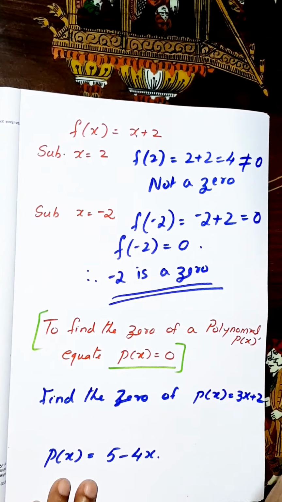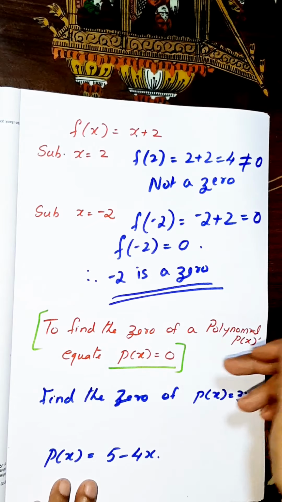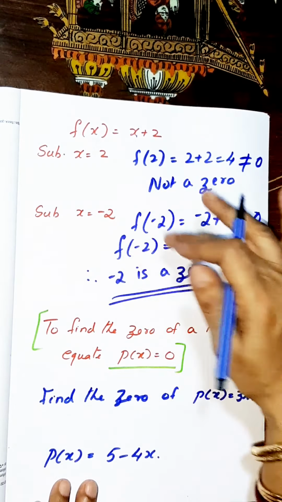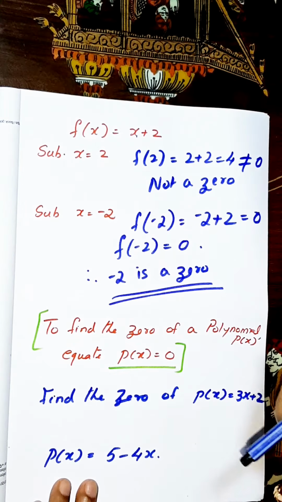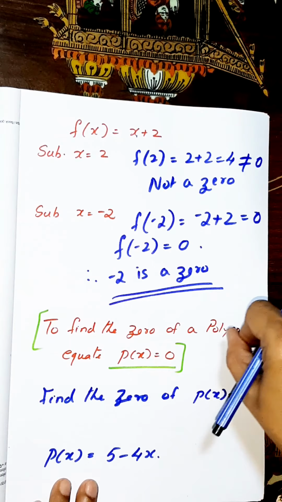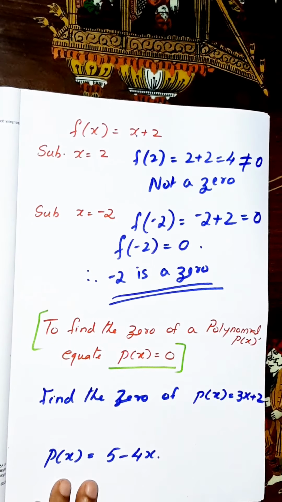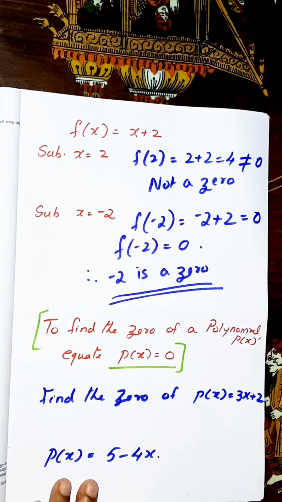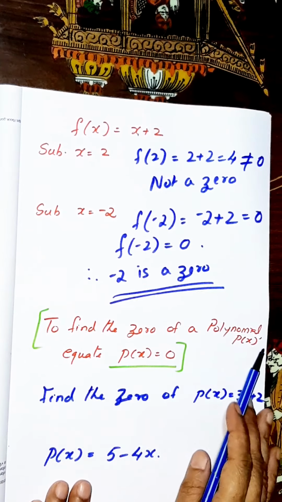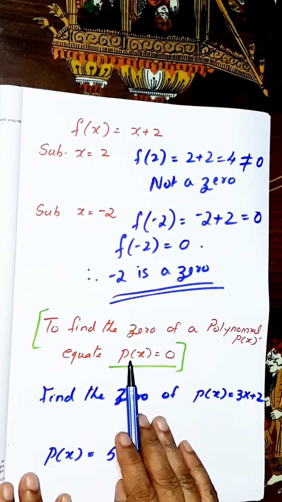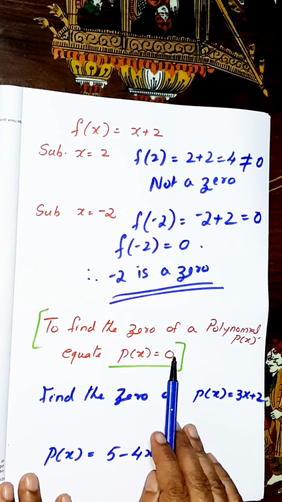Hope it is clear. Now, we will see how to find the zero. Here all the zeros were already given and we were checking whether it is zero or not. Now we will see how to find the zero of the polynomial. To find the zero of the polynomial, you have to simply equate the polynomial to 0.